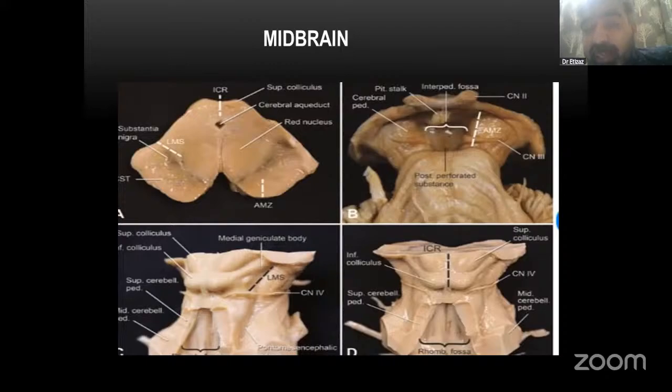We can go endoscopically with the help of endoscopic third ventriculostomy. We can go with the supracerebellar infratentorial approach that we didn't discuss. Later on, we will discuss this one. We can use the orbitozygomatic approach, both open and endoscopic, to approach the midbrain. So these are different approaches.